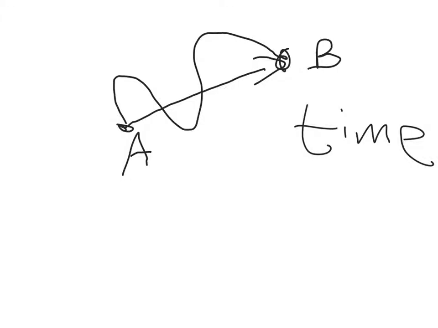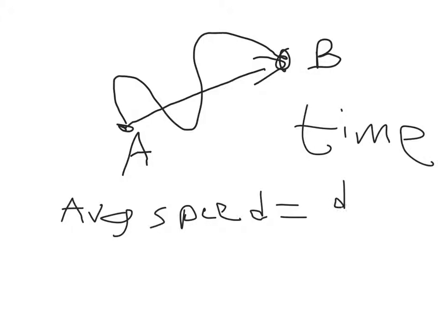Now, we can talk about the average speed, which is defined as the distance over the time. So I can calculate the average speed for this path, and I can calculate the average speed for that path. Just measure the distance and divide by the time it takes to walk from A to B. Measure the distance along my meandering path, divide it by the time it takes to walk along the meandering path, and in each of those two cases it would give me the average speed.